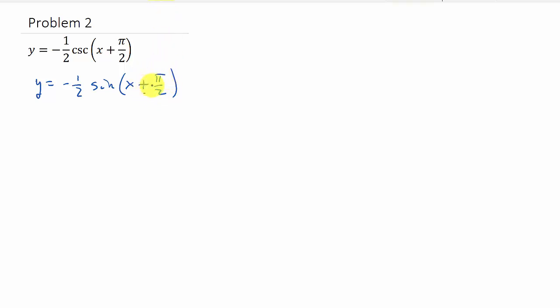But instead of finding the period and then finding the phase shift, what we can do is take this part in parentheses and set up an inequality, putting it between 0 and 2 pi. Whatever you're taking the sine of, put it between 0 and 2 pi and just solve for x.